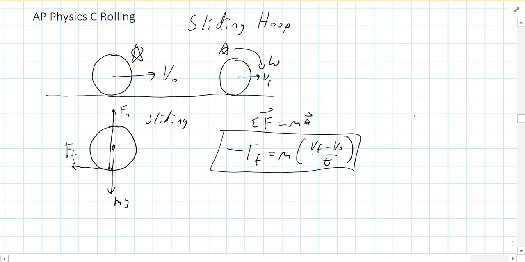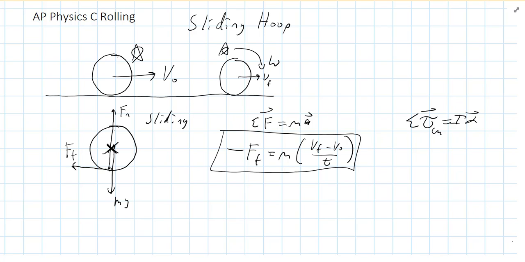Now we're going to do net torque equals I alpha, and I'm going to do net torque about the center of mass. What's the only force causing the hoop to spin? Well, friction. The other two forces act through that axis, so they don't cause any torque.